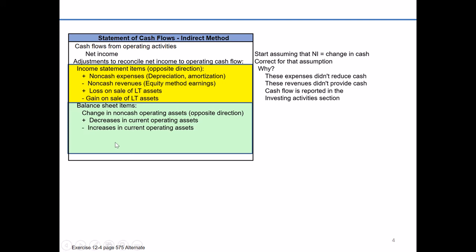On the other hand, if we have an increase in a current asset, whether it be prepaid expenses or accounts receivable, we need to subtract that from net income in order to arrive at cash flow from operating activities. Now, this seems very counterintuitive, I think, to most. If current assets decrease, I'm going to add it. If it increases, I'm going to subtract it.